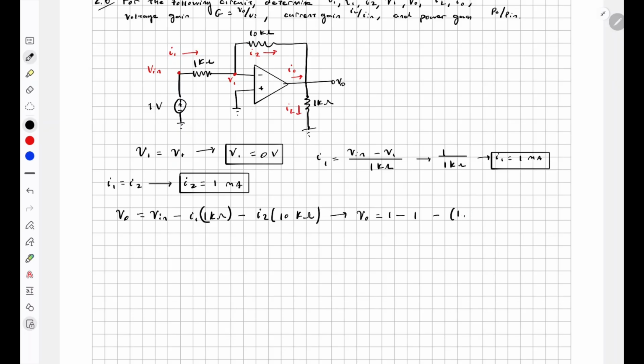The milli and kilo cancel, so it's just 10.